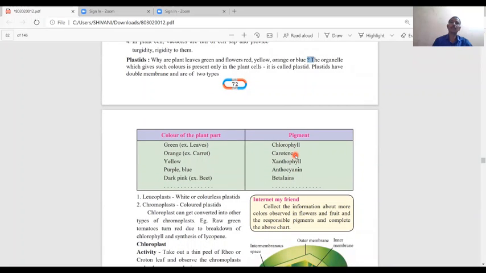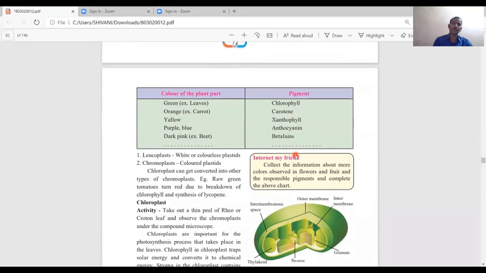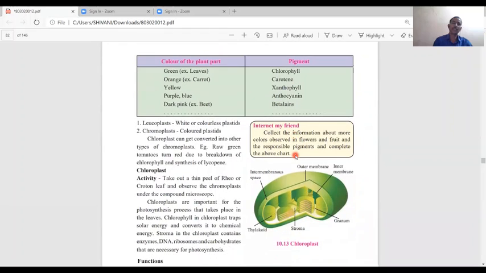Plastids have a double membrane and are of two types: leucoplasts and chromoplasts. Leucoplast means white or colorless plastids. Chromoplasts means colored plastids.